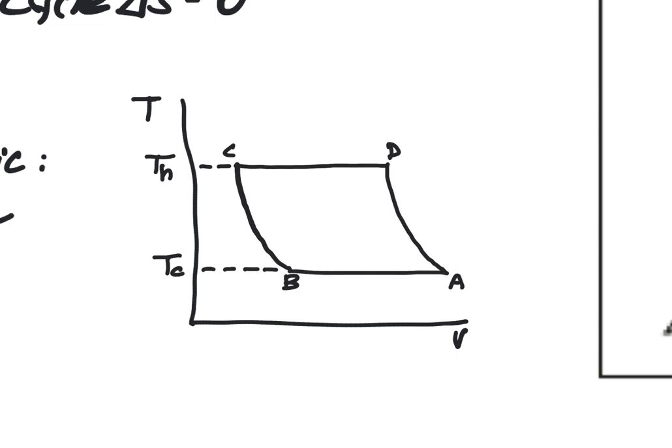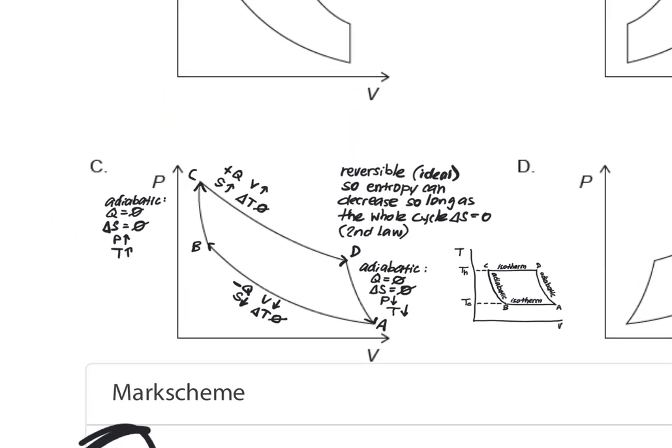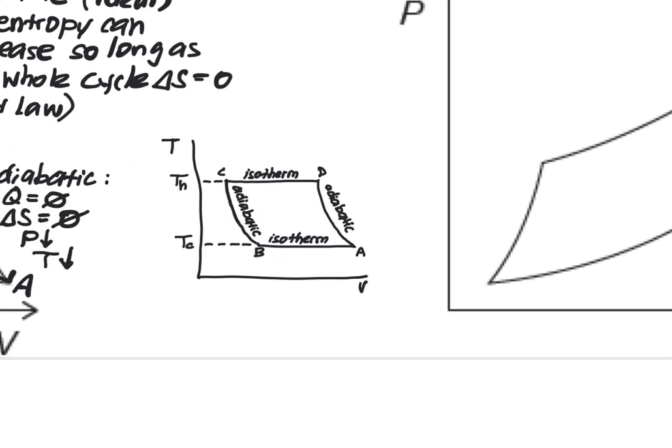Notice that the isotherms are now flat, and the adiabatic curves are curved, because it's a temperature graph. B to C and D to A are still adiabatic, and A to B and C to D are still isotherms. It's going to follow the same relationships as the pressure-volume graph, but it can also be represented as a temperature-volume graph.